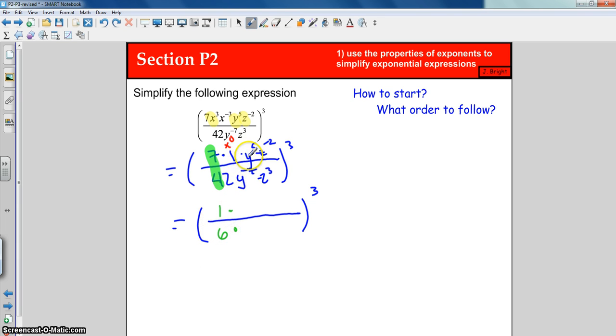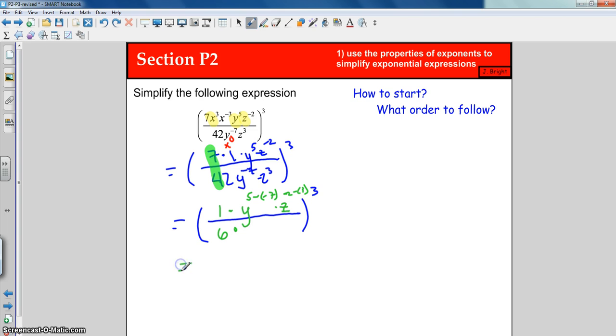Right, and now I'm going to look at the y's. So I need to do a y, and now I have a y in the numerator and denominator, so I have to do 5 minus a -7. Okay, and then also down in the z's I have a numerator and denominator, so I have a z, and I'll have a -2 minus 3.